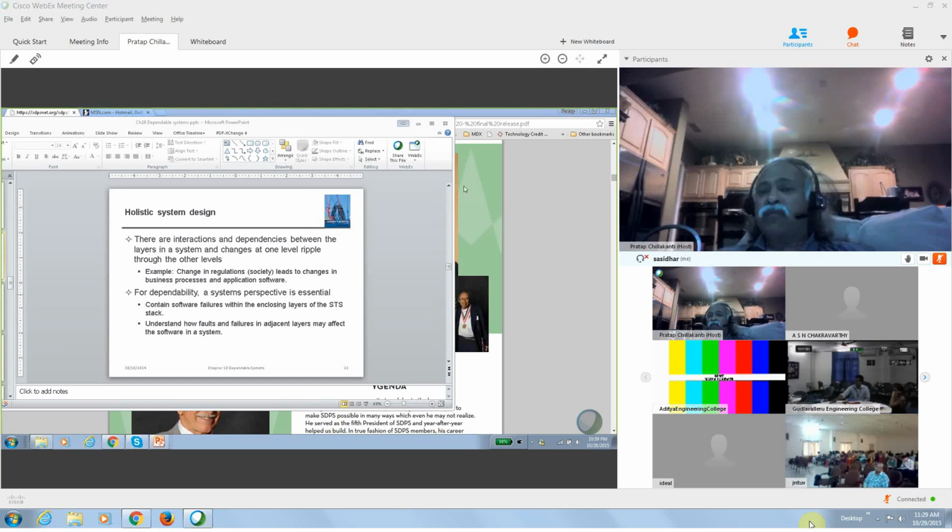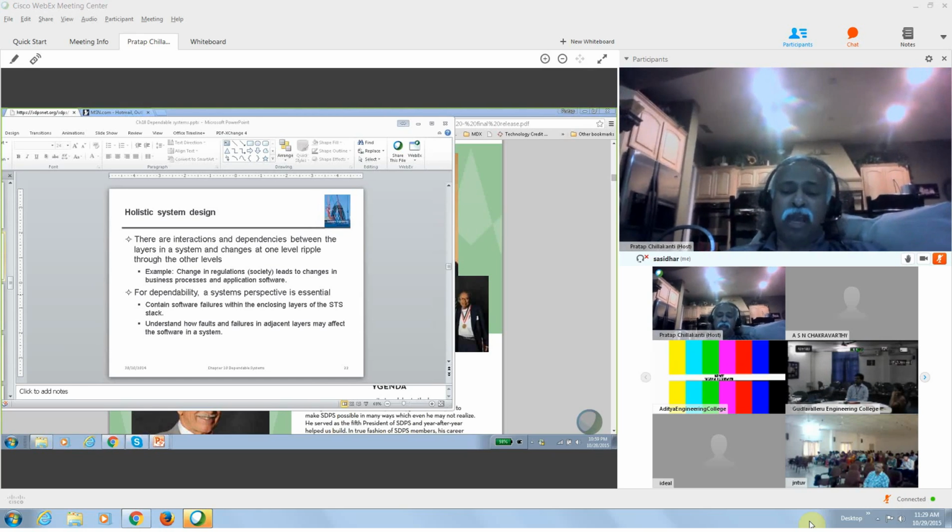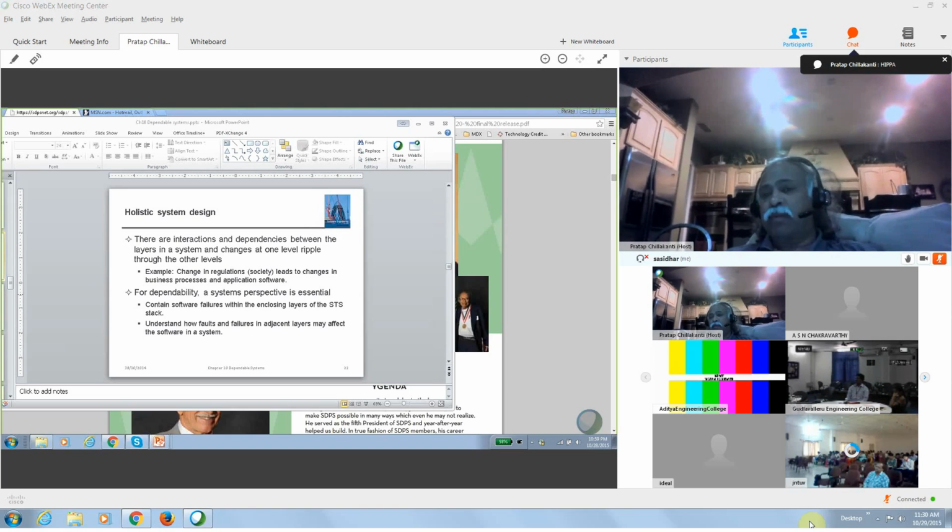In US, for example, in the medical field, we have a standard called HIPAA. You can Google up HIPAA. Okay, that is a healthcare standard.